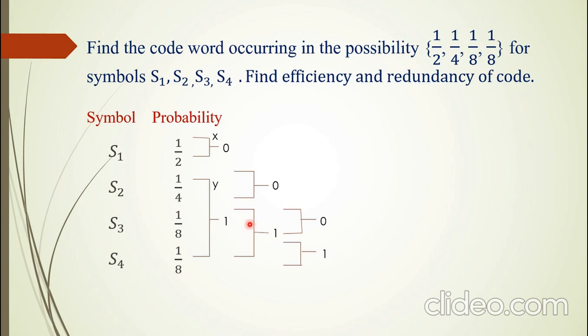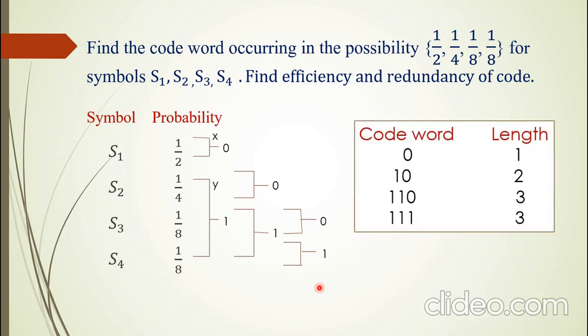Then there are 2 symbols that we again divide into subsets with bits 0 and 1. Now I will write down the code words.